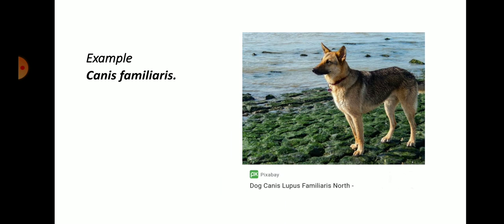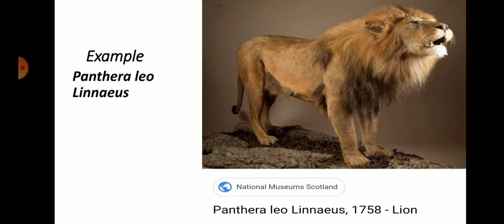The first name, Canis, is the genus name and the second name, familiaris, is the species name. So this is binomial nomenclature, where two names are given: one is the genus name and the second is the species name.